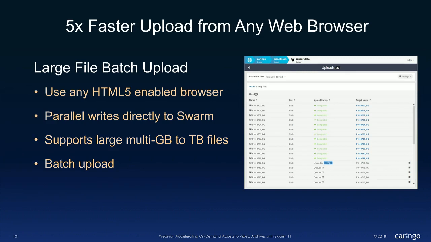It makes use of the parallel upload architecture inside of Swarm, and a patented feature that allows us to do incremental writes into our object system. This supports large files, and I mean large, from multi-gigabytes up to terabyte-sized files, and it is tuned specifically for how fast I can get a large set of these files up into the system.